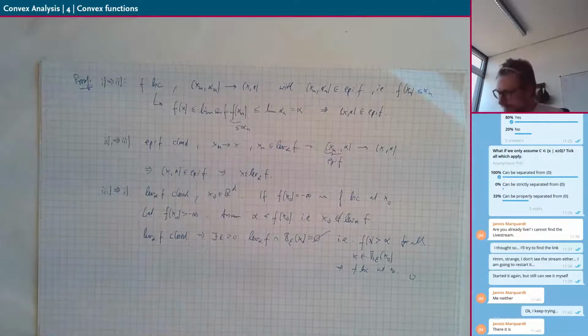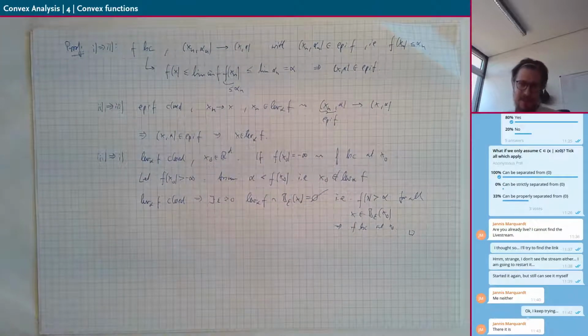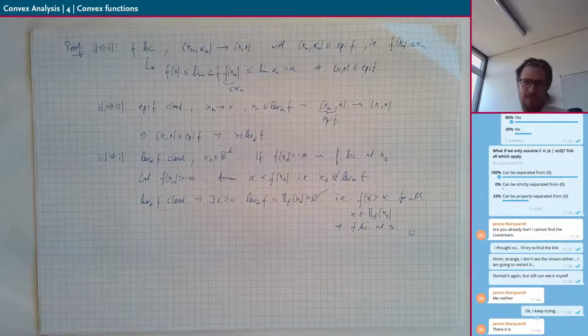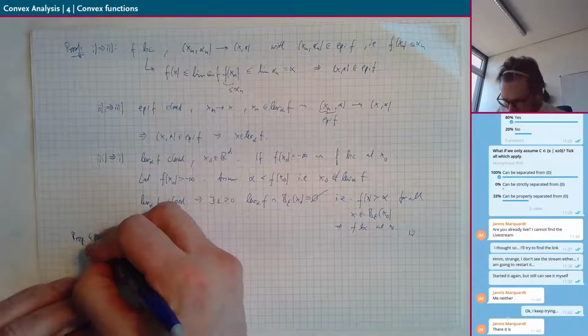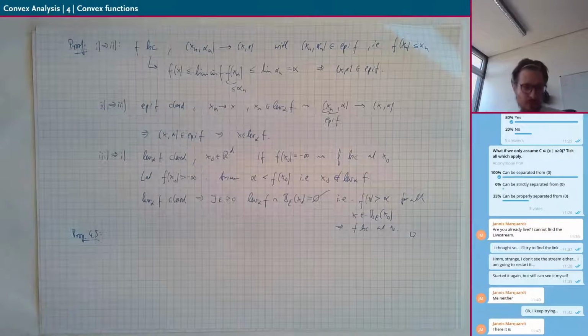Okay, so that's one thing. It's a good characterization. And the next thing we want to know about lower semi-continuity is how it behaves with operations on the functions. So next proposition: what can we do with functions without destroying lower semi-continuity?